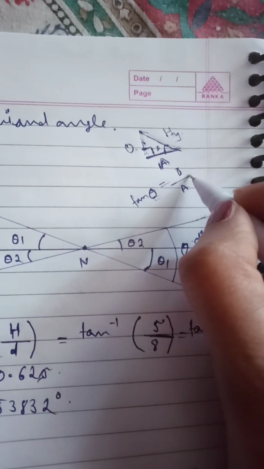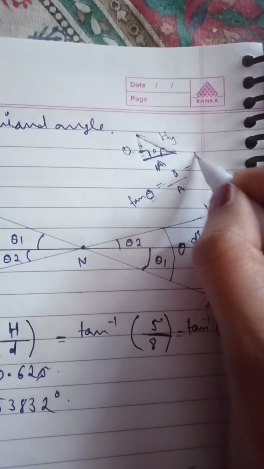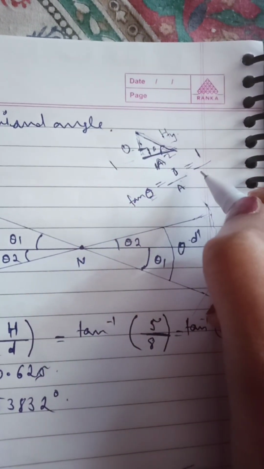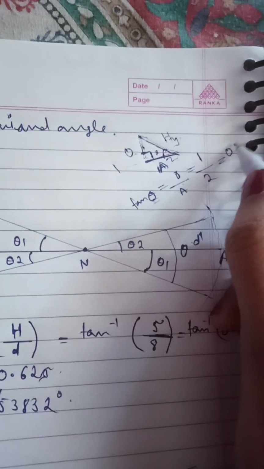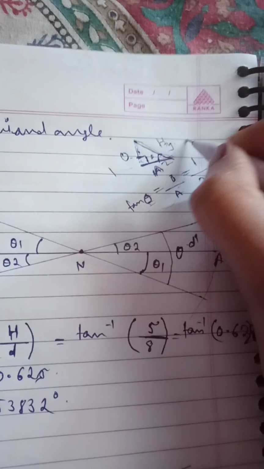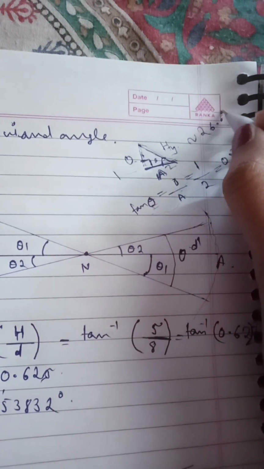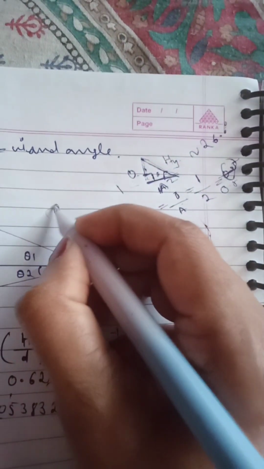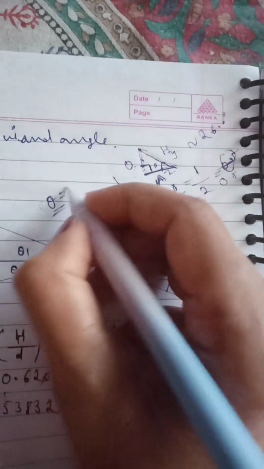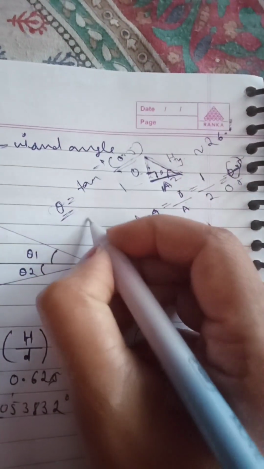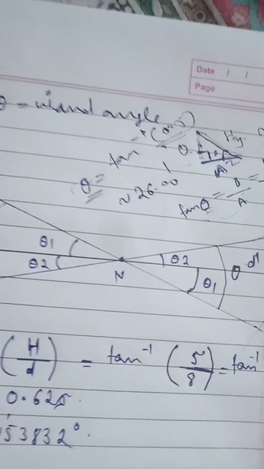Now suppose the opposite is 1 centimeter and the adjacent is 2 centimeters. So 1/2 is 0.5, and its theta will have some 26 point something degree value. If we want to know theta in degrees, we'll have to go for tan inverse of 0.5, which will be around 26 point something degrees, around 25 to 27 degrees.